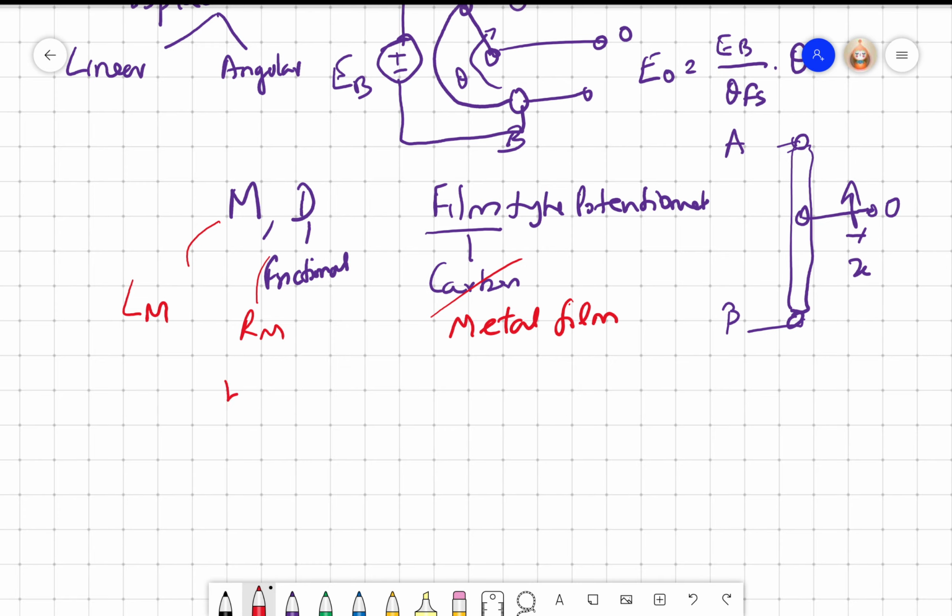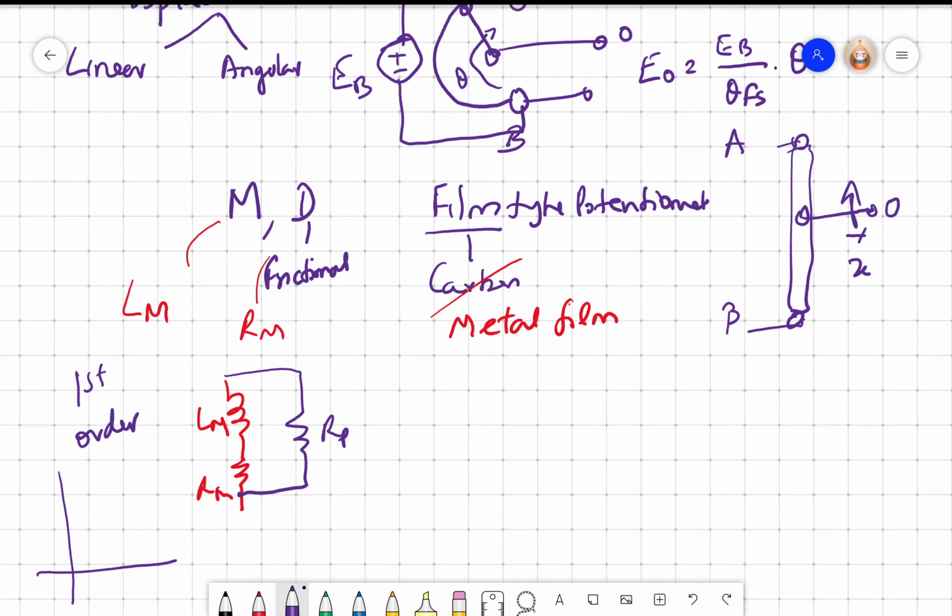So the equivalent circuit will be LM, RM on the mechanical side, and on the electrical side, potentiometer resistance. So this is a first order system, right? If I give a step input, we know that it slowly responds. So I have settling time.